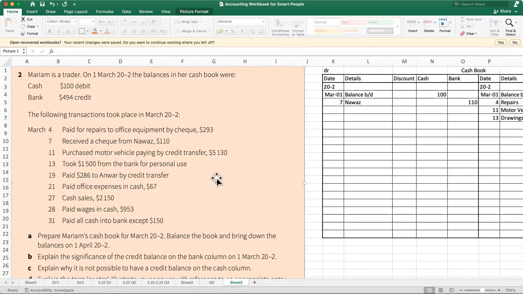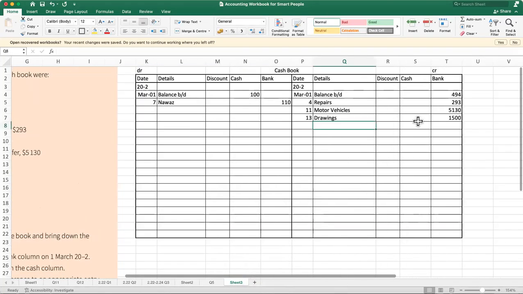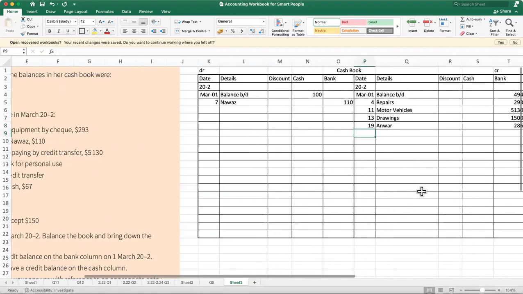Paid 286 to Anwar by credit transfer. Right, 286. Give it to who? 286 goes out. Give it to who? Anwar. Date would be 19.